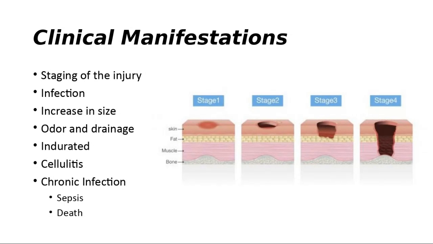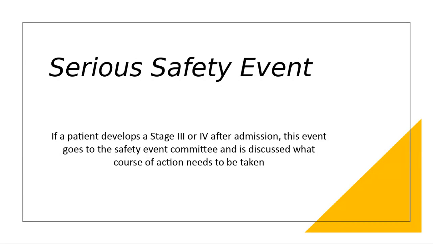But for the most part, anybody in the ICU absolutely needs to have this done on every shift, multiple times during your shift as well. So again, if it's a stage 3 or stage 4, it's considered a serious safety event. You will have to talk to people about why this happened and what you did to cause it. You'll have to present your case, and then they'll take it to other committees and determine what action will be taken.